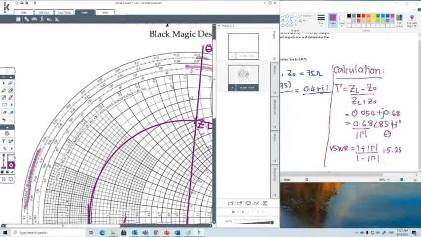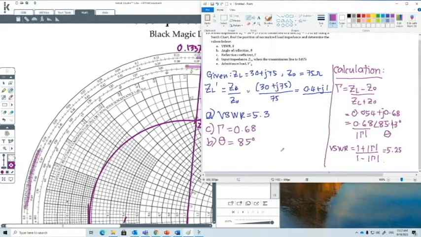Dia lebih sedikit saja, so mungkin you boleh buat 0.133 lambda. So in your solution, this one is for D. ZL prime is at 0.133 lambda.